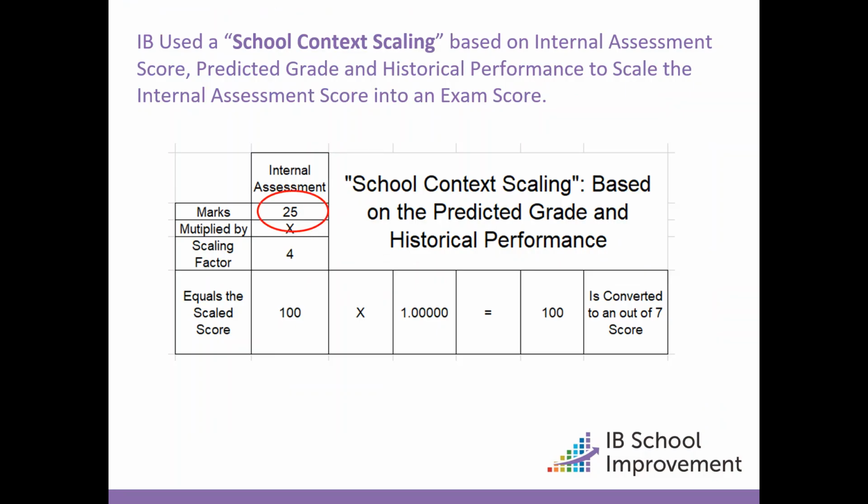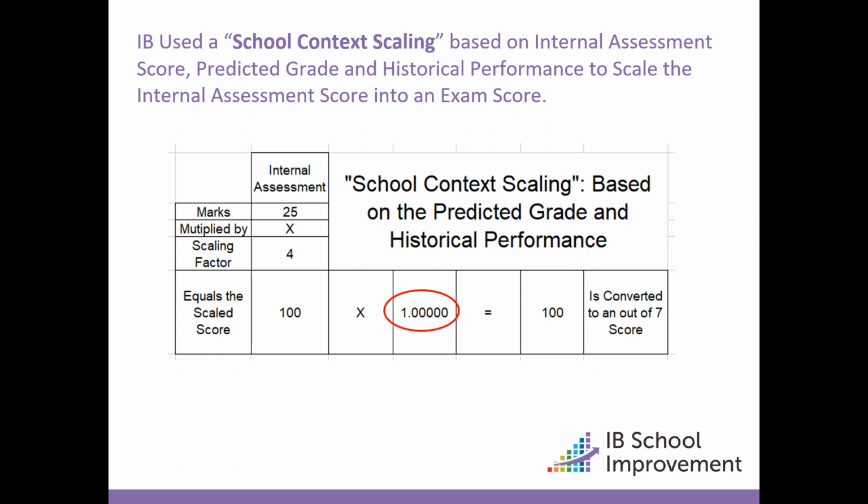The way it works is you take the rubric score for the internal assessment, and remember, IB scored those internal assessments, multiply it by a scaling factor that will lead to an out of 100 score, and then that out of 100 score gets multiplied by a school context scaling factor.